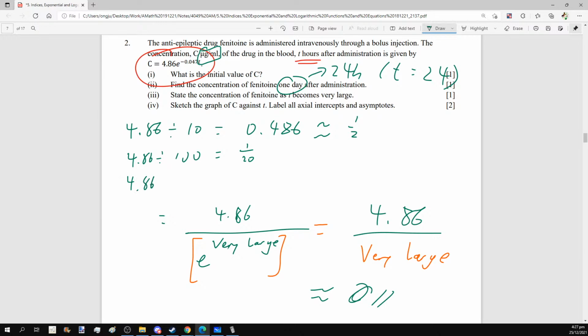What if I have 4.86 divided by an even larger number, let's say 10 billion, right? 10 to the power of 10. So even if I have that, the number will still be positive. It's just that things will get smaller and smaller and smaller.